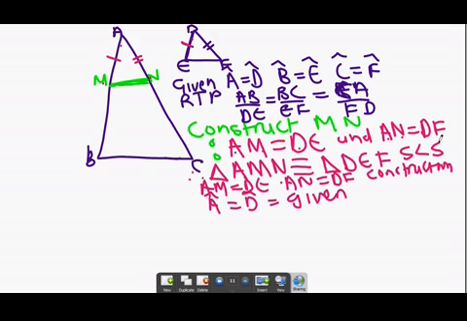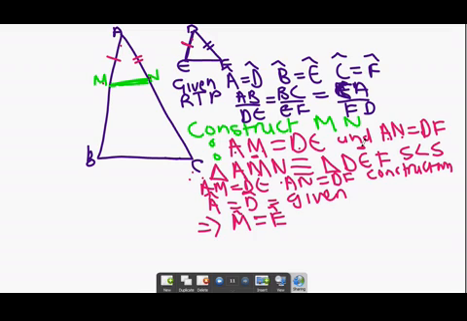Now once we say AMN is congruent to DEF, it simply means that angle M is equal to angle E, because of congruency.